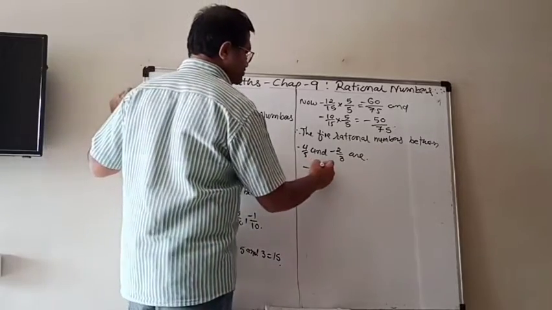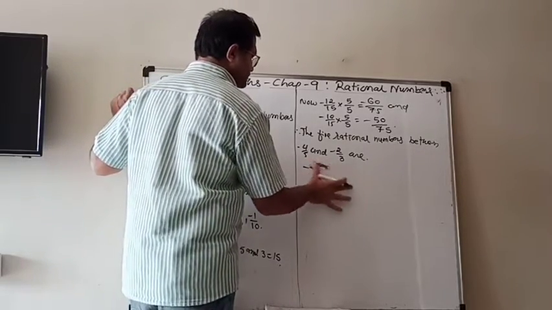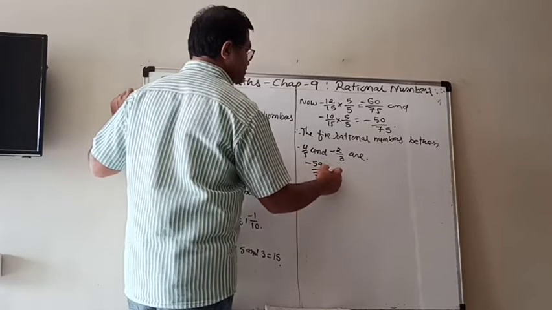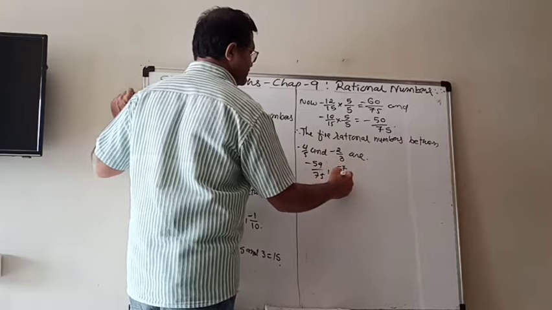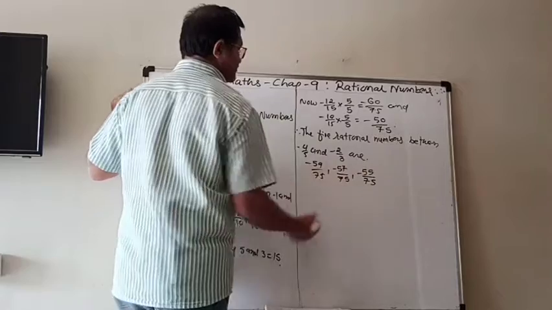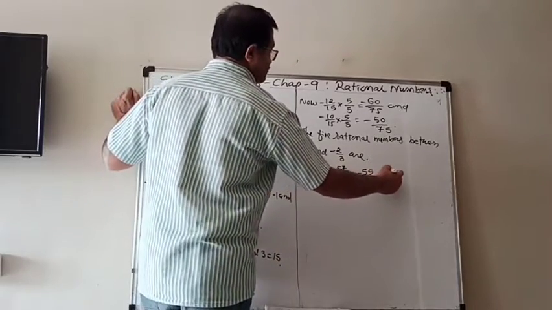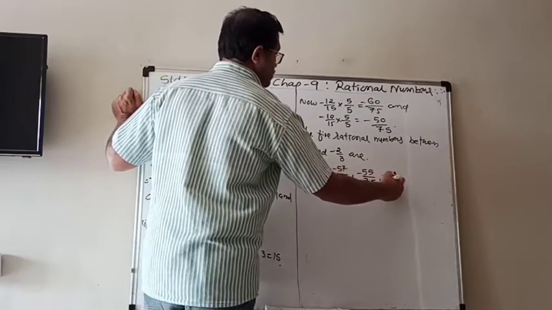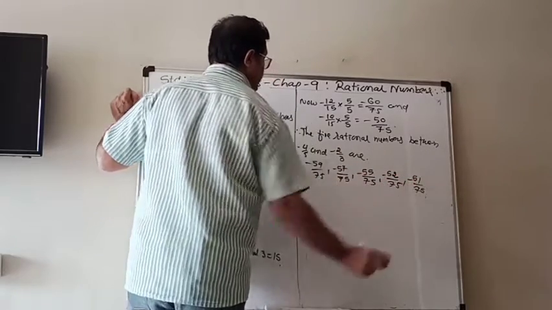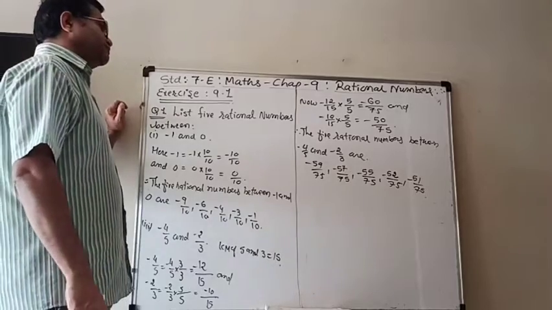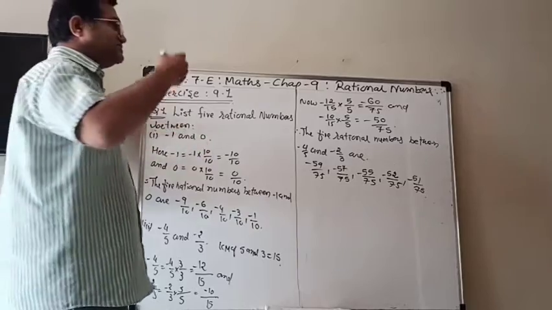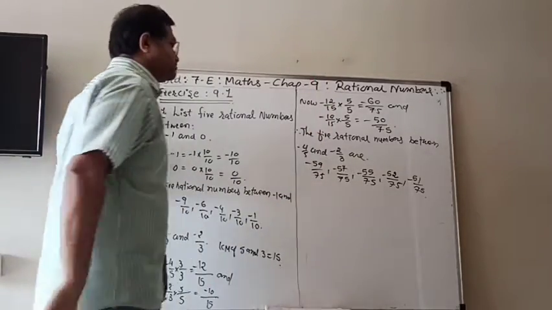So you can take -59 upon 75, -57 upon 75, -55 upon 75, -52 upon 75, and -51 upon 75. You could multiply with 10 upon 10 also. You could multiply with 6 upon 6 or 7 upon 7.